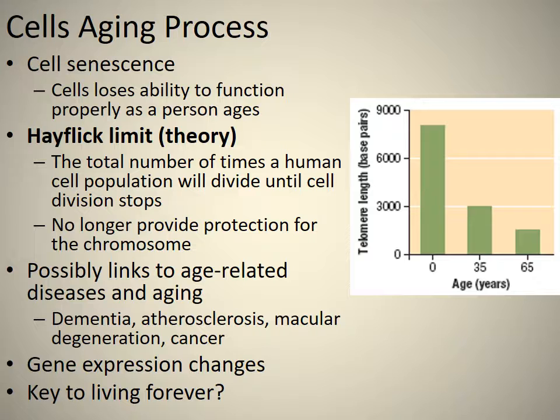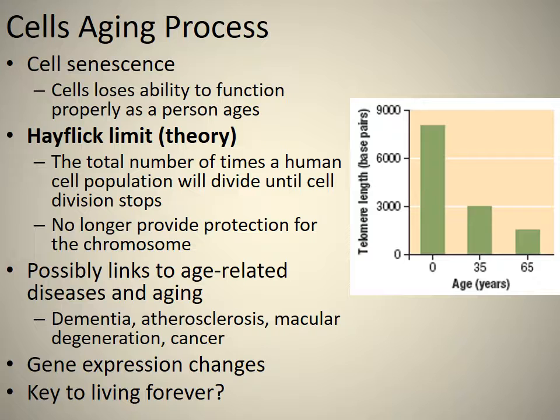So the theory is that our cells can only divide a specific number of times, because the telomeres, these non-coding sequences, will begin to decrease as our cells divide. Again, the protection for our genes will be lost, and it can create problems.